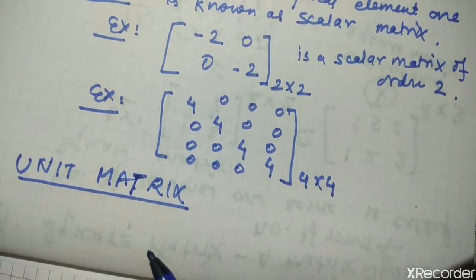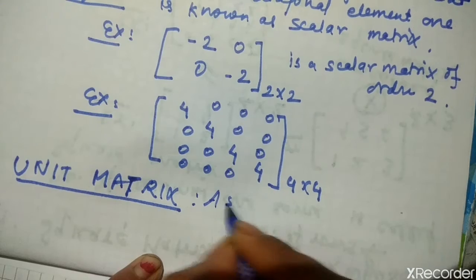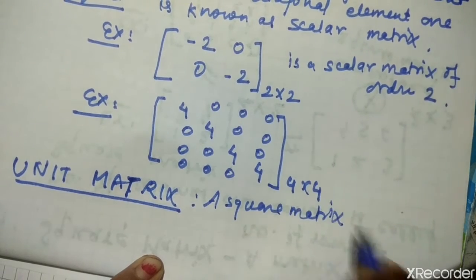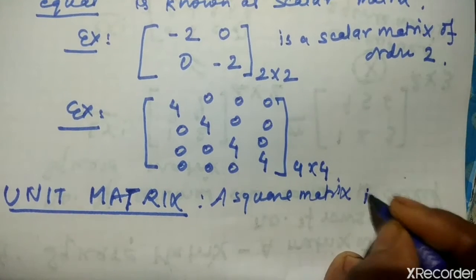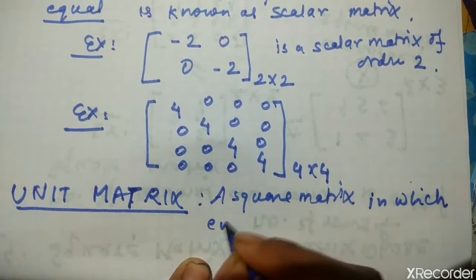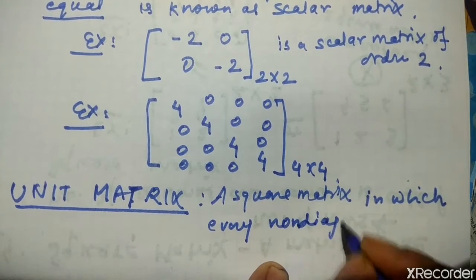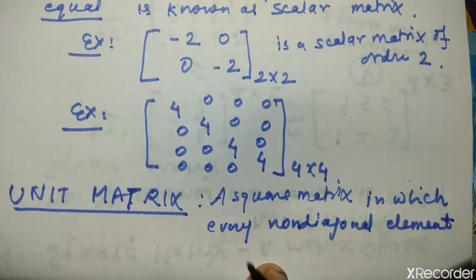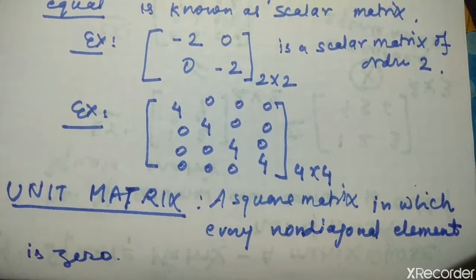A square matrix in which every non-diagonal element is 0. Non-diagonal element means all elements other than the diagonal.